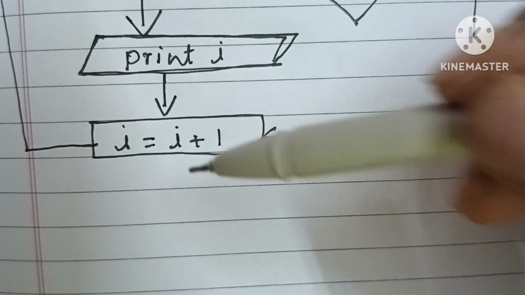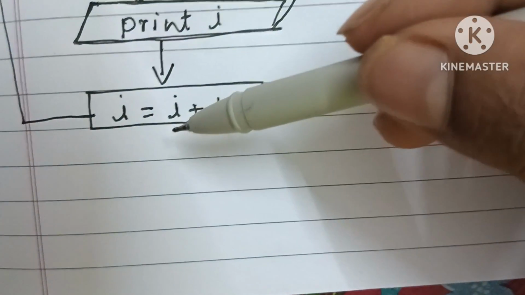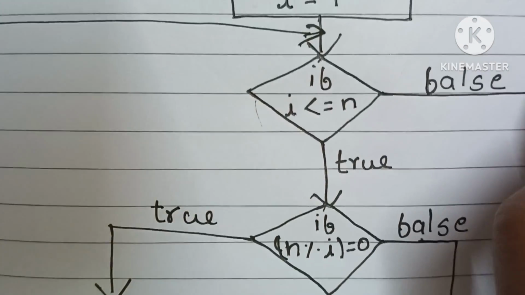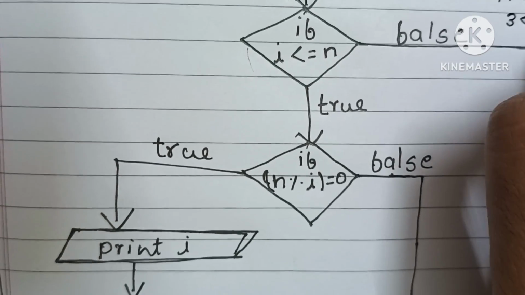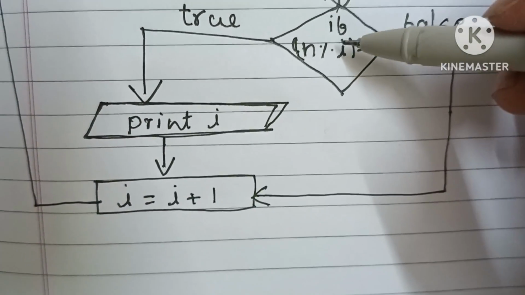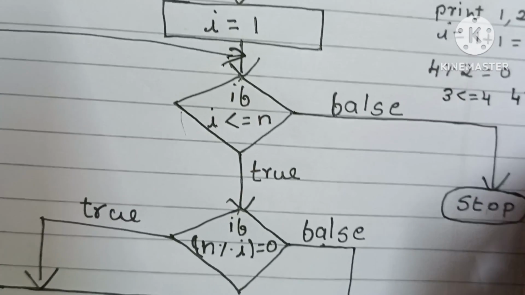Next, again increase the value of I. The I value is 2, right? Presently it is 2 and it is increased by 1. So the I value becomes 3. Again it will check if the I value 3 is less than or equal to 4. True, right? 3 is less than 4. It will check 4 modulo 3. 4 modulo 3 is equal to 1, right?